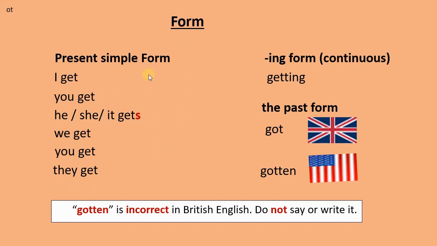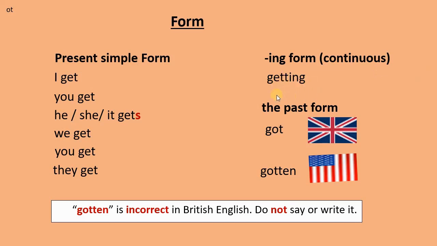It's regular, normal, and the ing form, continuous, or the progressive form is getting. So just be careful of the spelling. We double the letter T here and add ing.